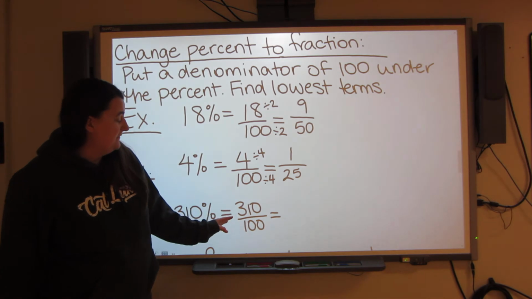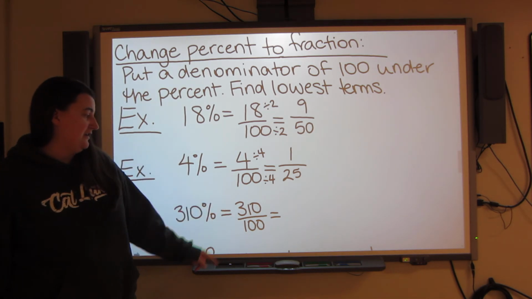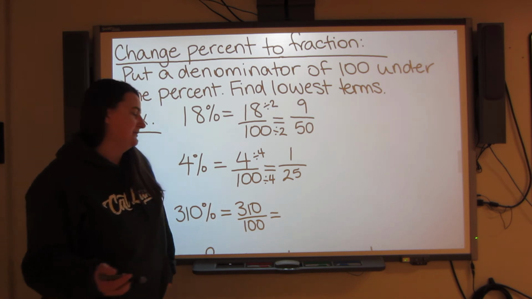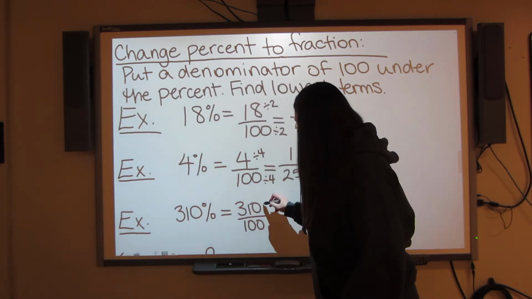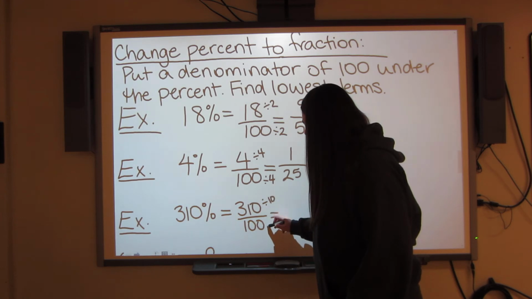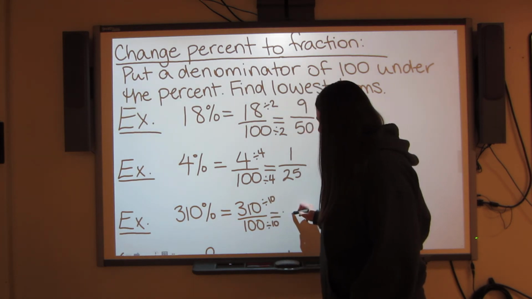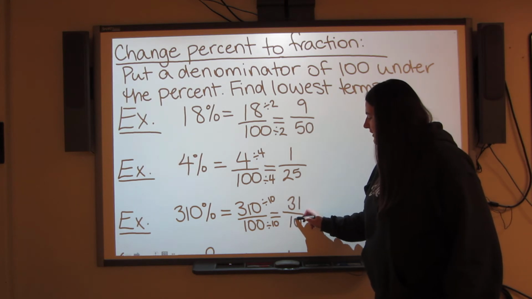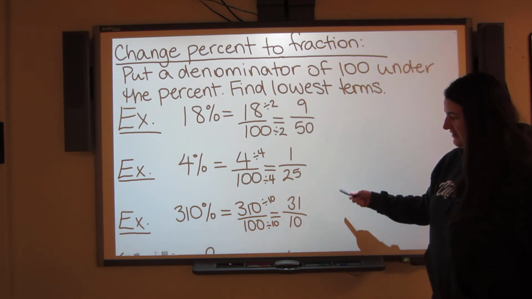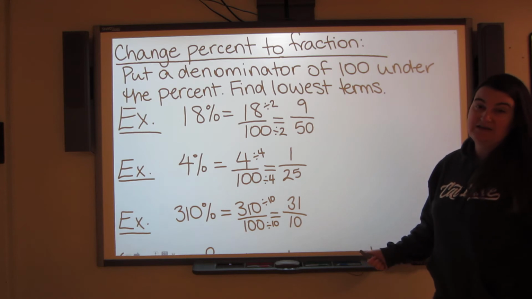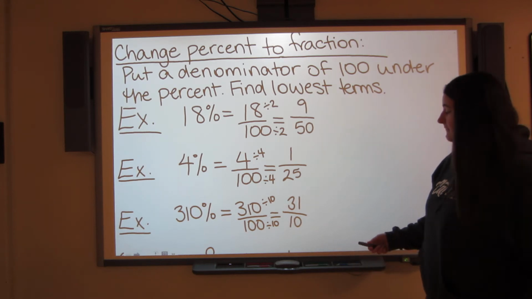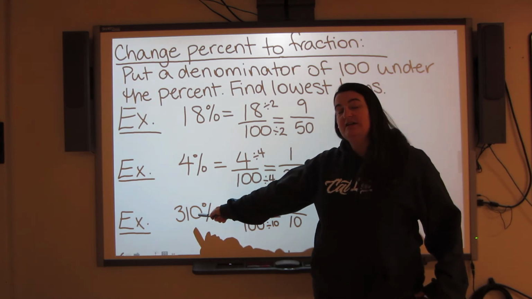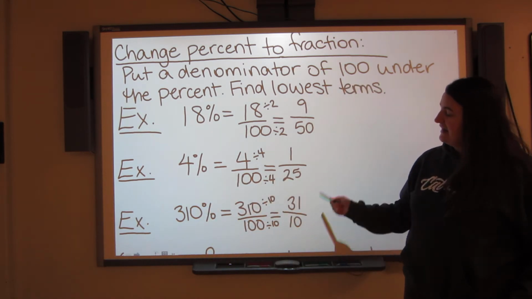So I look, 310, 100, both of them end in zeros, so I know I can divide them both by 10, so that I end up with 31 over 10. There's my fraction. Now I can change that into a mixed number if I want to, but it's not necessary. So 31 over 10 is what 310% is expressed as a fraction.